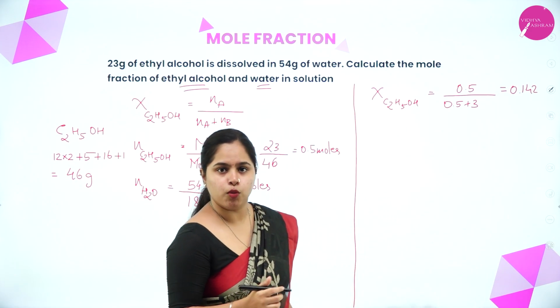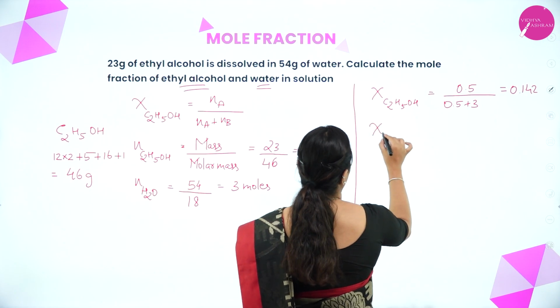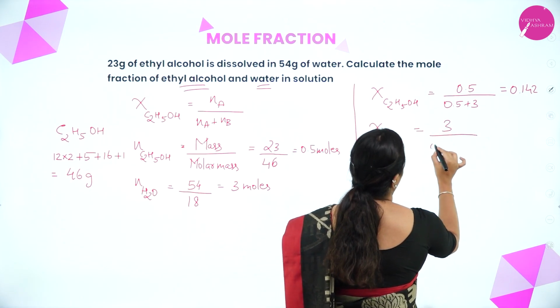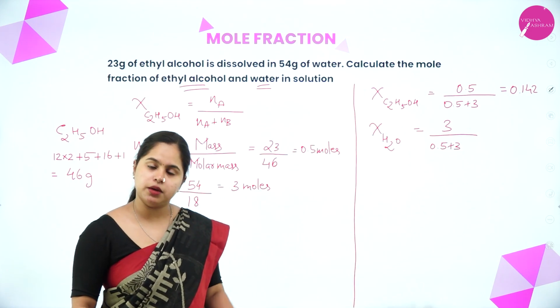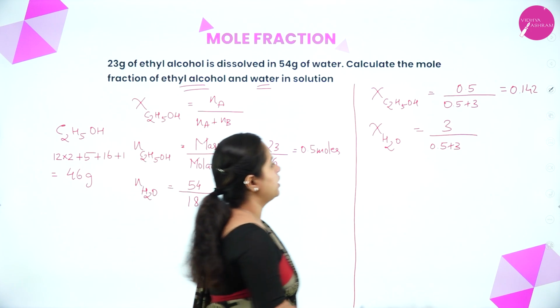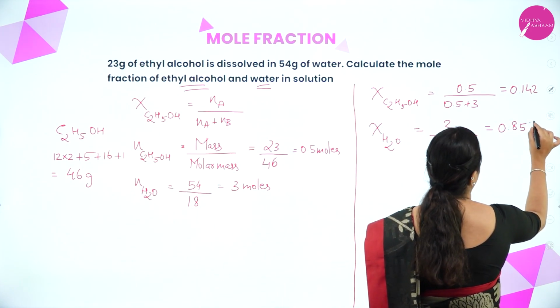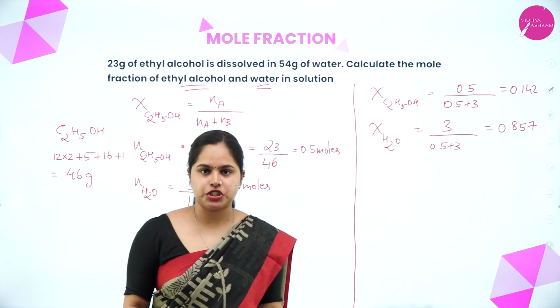That will be your mole fraction. Now how can you calculate the mole fraction of water? It will be equal to 3 divided by 0.5 plus 3, the number of moles of water divided by the total number of moles of solution. That will give me 0.857. That will be your mole fraction. So I hope mole fraction is clear for you.